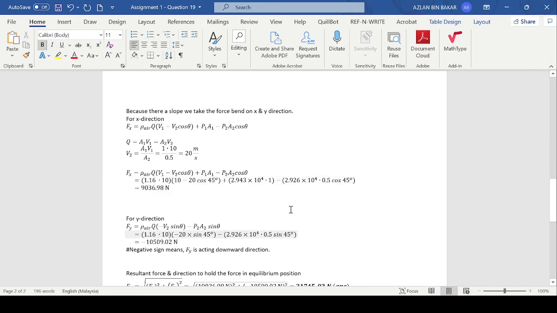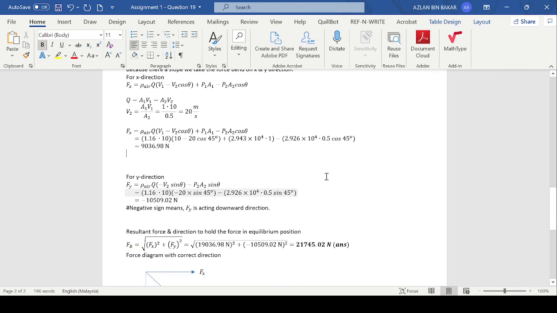Same goes with the y direction. The formula is density of air times flow rate multiplied by negative v2 sin theta, minus p2 a2 sin theta. From the question, we just need to plug in the numbers. After plugging in, the answer shows a negative sign.